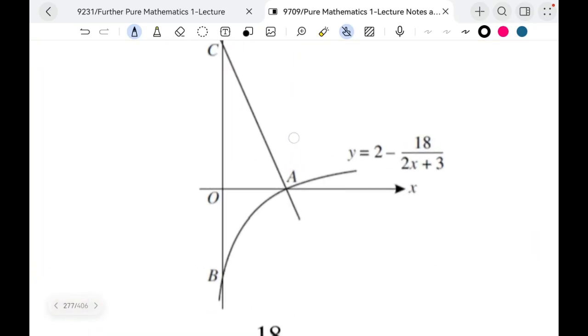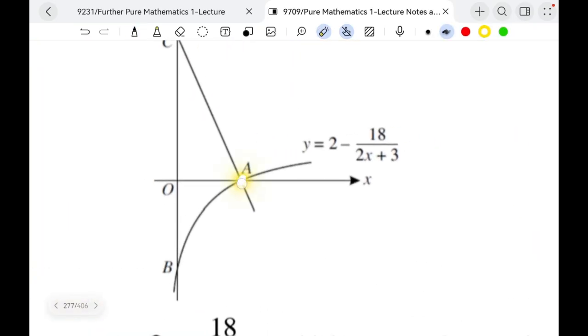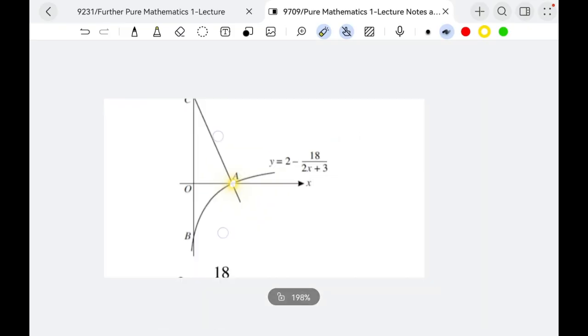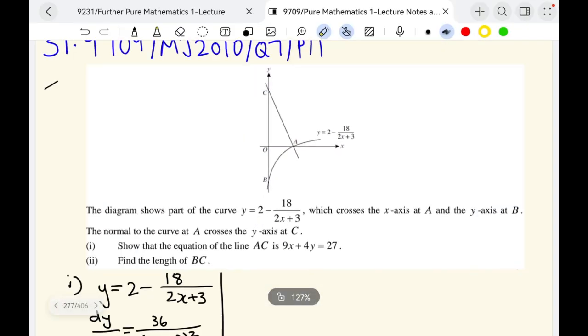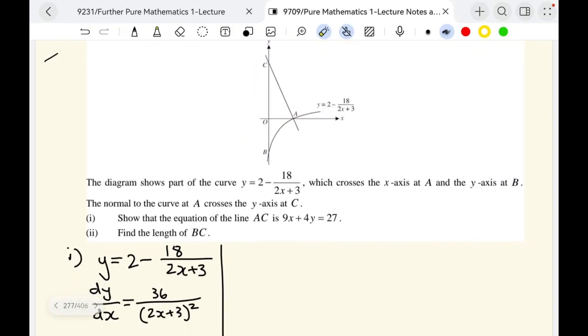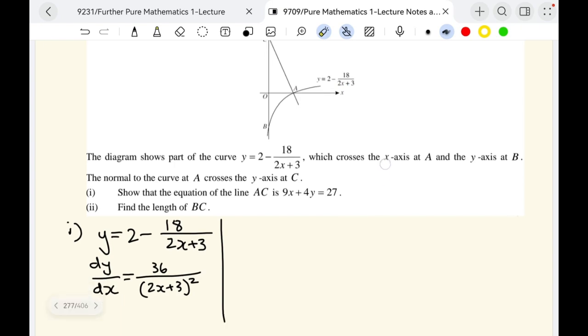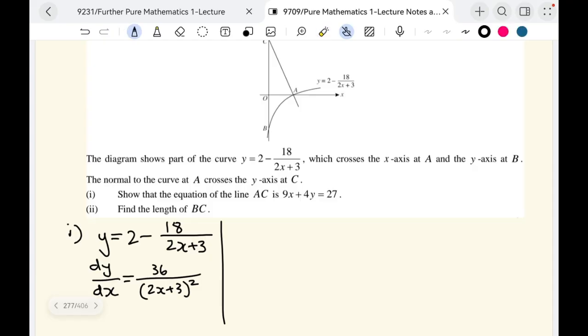But you don't have to find the y coordinates for the x. Wait a minute. Oh, sorry, I forgot. We have to find the x coordinate for the A. So which means that we have to let y equals 0 in order to find the x coordinate for the A. Okay?